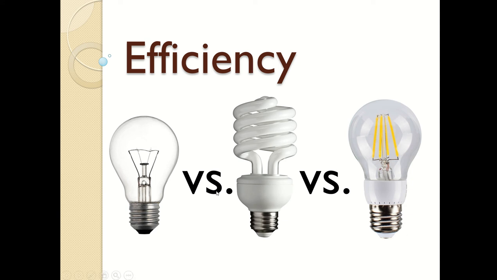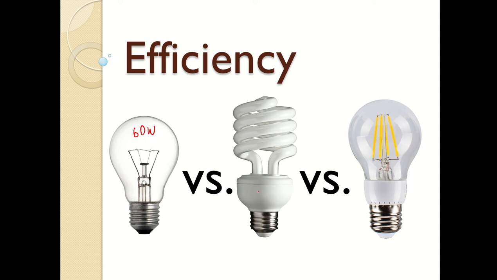For example, if you look at the rating on the light bulbs, let's say this one is 60 watt. It will say on it 60 watt, which means that this light bulb consumes 60 watts of energy. So that means 60 joules every second.